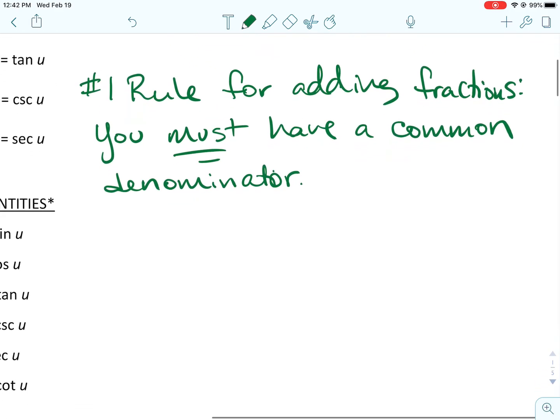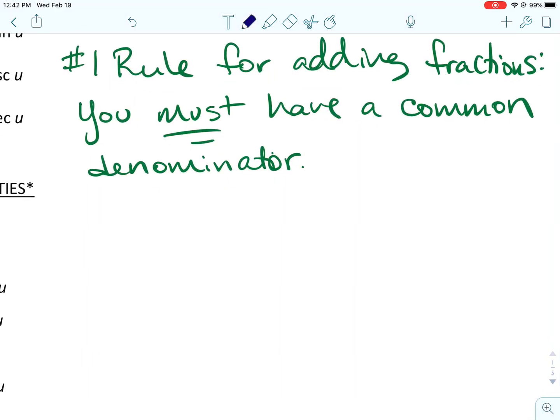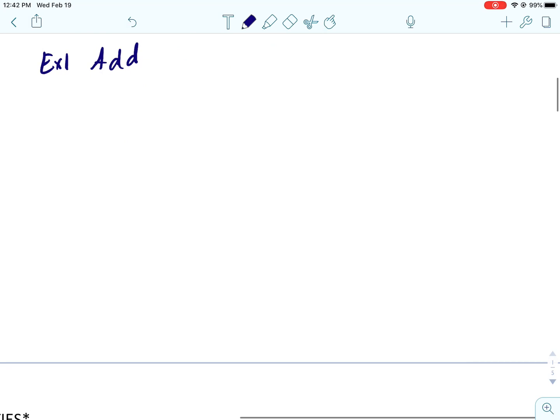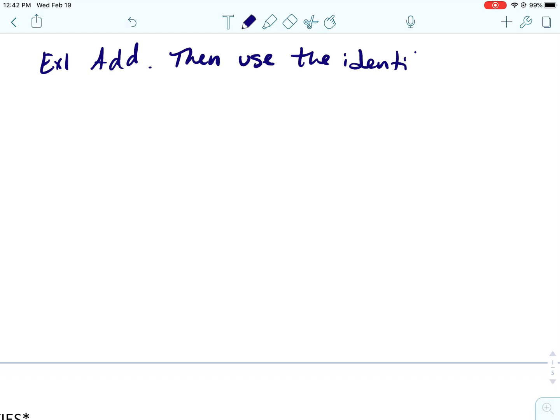So for our first example, the directions are to add, then use the identities to simplify.